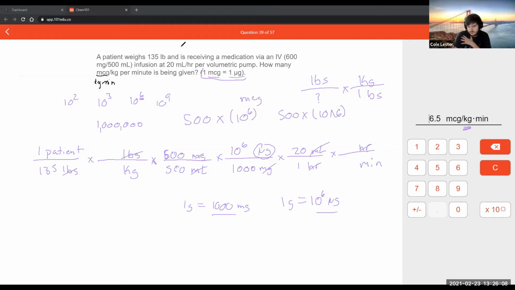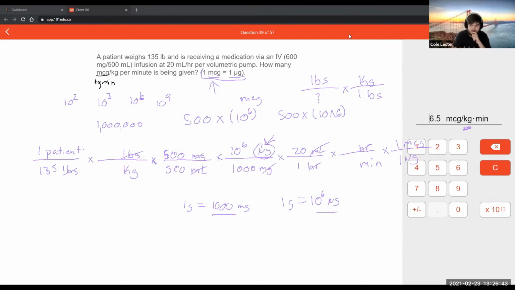So essentially we know that if we're in this unit right here, technically we are already in the MCG unit, because we can just change it without really any consequences. If you want to show that you're converting, you can put 1 MCG to 1 microgram, like that. But it's just a 1-to-1 conversion, so it's not going to change your final answer.